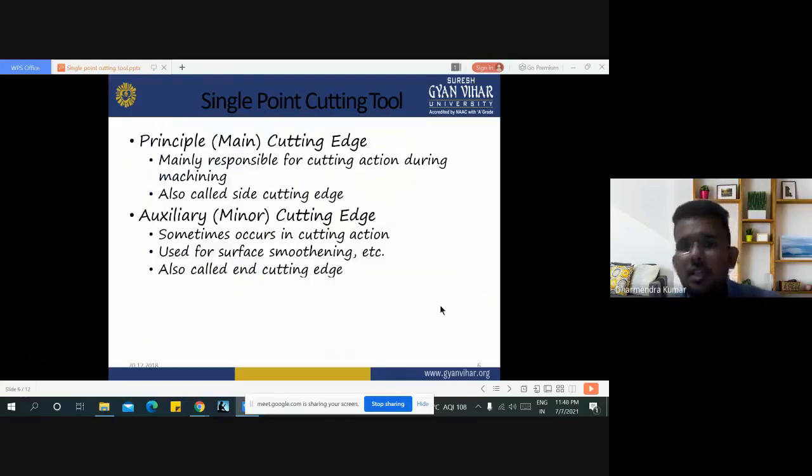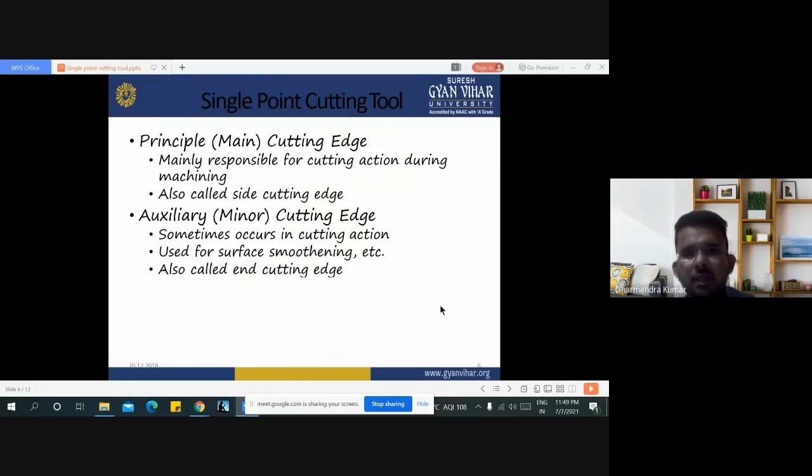The principal cutting edge, or the main cutting edge, is responsible for the cutting action during the machining process, and it is also known as the side cutting edge.